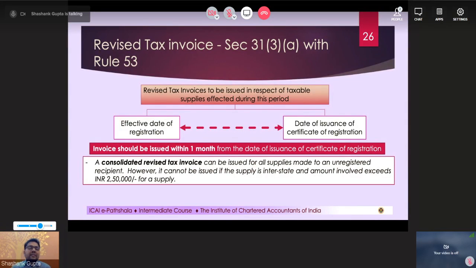Until he has a GST registration, he cannot charge the tax from his recipients, and therefore for this period, between the date he becomes liable and the date the registration is granted, he can subsequently issue a tax invoice, collect the tax from the recipient, and the recipient can then avail input tax credit on the basis of this tax invoice.